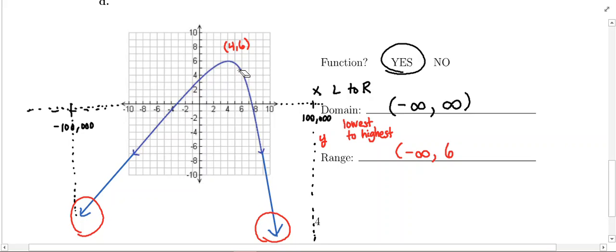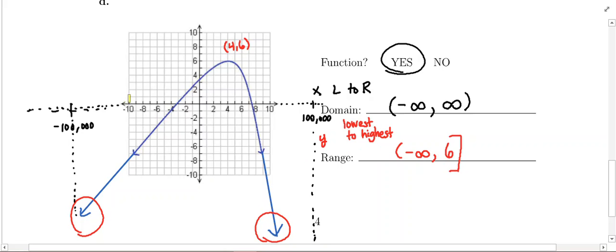The curve is solid, so you should be including that point. So we're going to put a bracket on the 6. That's telling us that this particular curve covers the y-axis from negative infinity to 6.